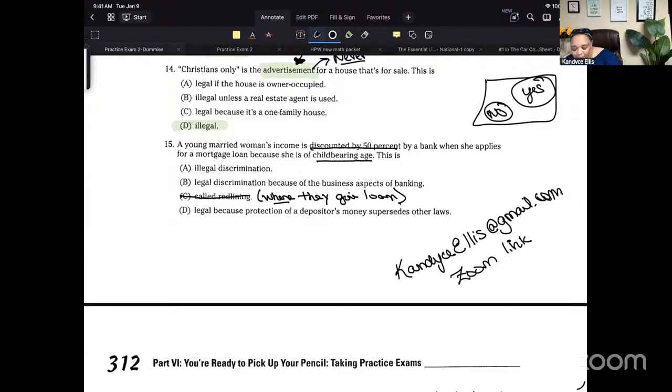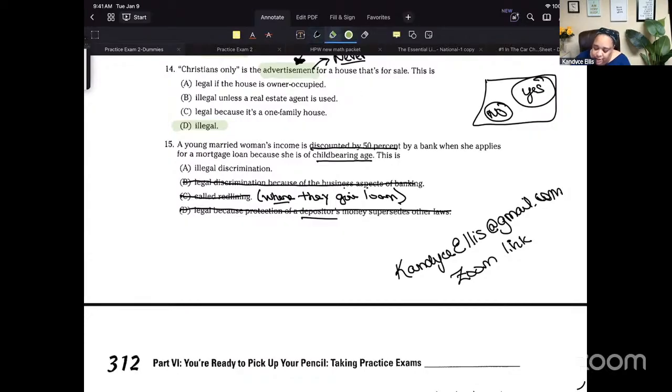So it's about where they're giving loans. It's not redlining. Let's go with D, legal because protection of a depositor's money. We're not talking about a deposit. This has nothing to do with what we're talking about. So is it legal discrimination because the business aspects of banking or illegal discrimination? And it is not B.